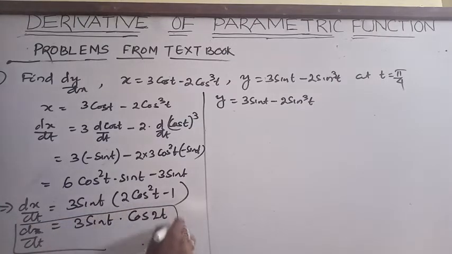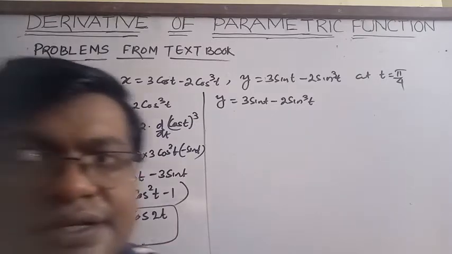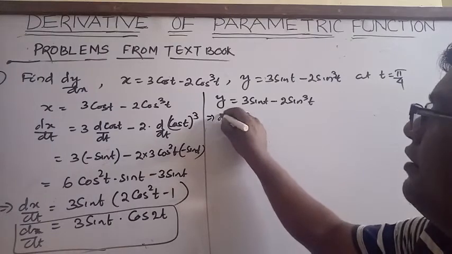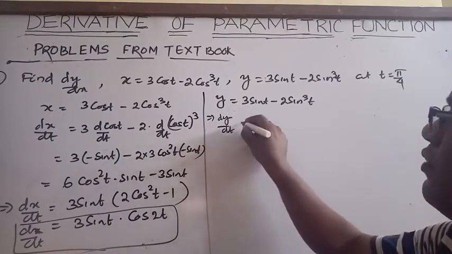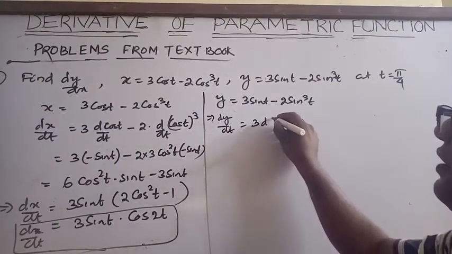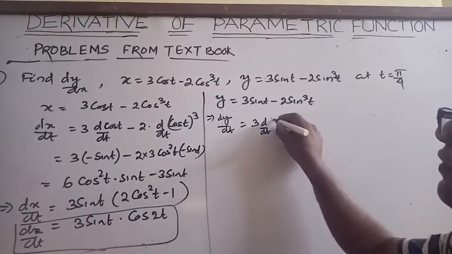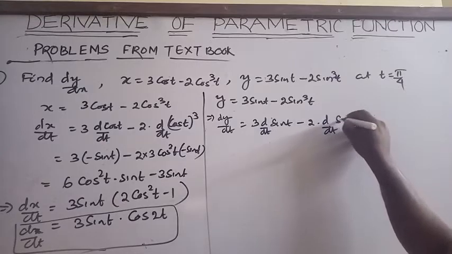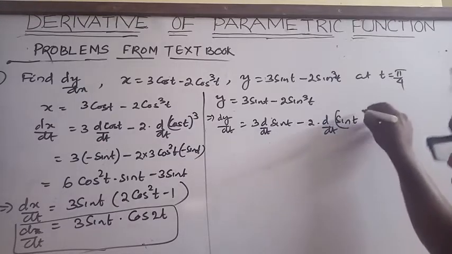And now to find dy by dt. dy by dt is equal to 3 constant d by dt of sin t, minus 2 constant d by dt of sin cube t, sin t whole cube.